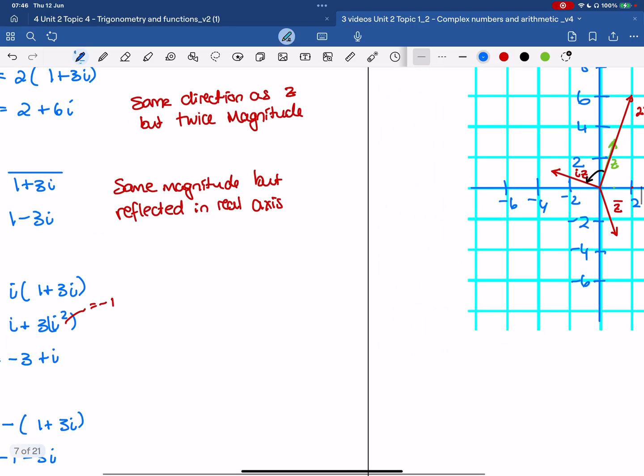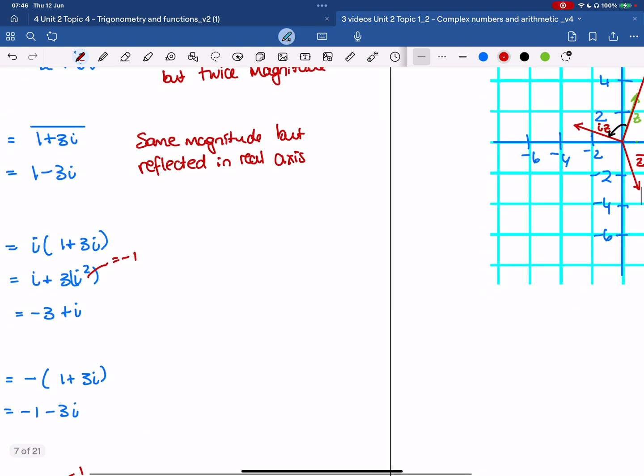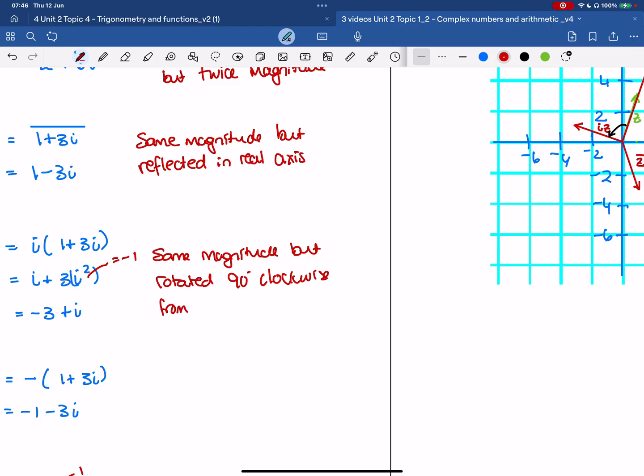Okay, so I've got the same magnitude, but it's rotated 90 degrees anti-clockwise from z.